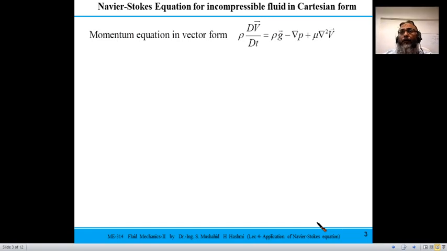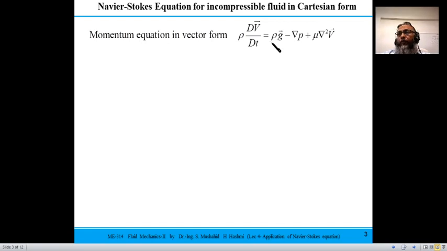Let's see, this is the momentum equation in vector form, and we have already derived it. It is in vector form, meaning v is a velocity vector having components in x, y and z, and this is a material derivative. If you recall the previous lecture, this term is the inertial force per unit volume, the density times acceleration.